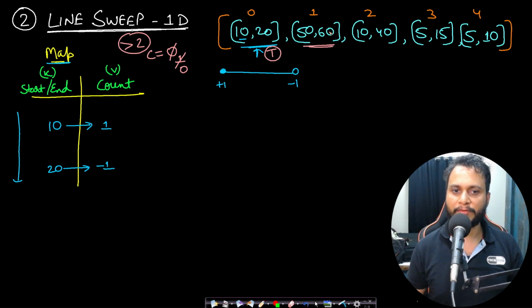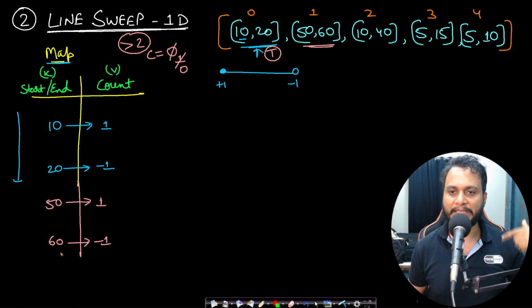Now for the next interval, 50-60. The first thing I will do is insert 50-60. An interval starting at 50, so I'll do +1 at 50. An interval ending at 60, so I will do -1 at 60. This is an ordered map, so that is why I'm keeping the keys ordered. Once you have done this entry, I have to iterate through this entire map and track the count value.